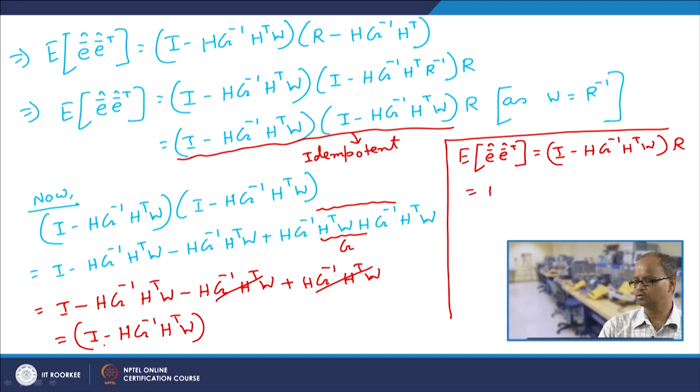So, this is equal to R minus H G inverse H transpose, as W into R is equal to identity.